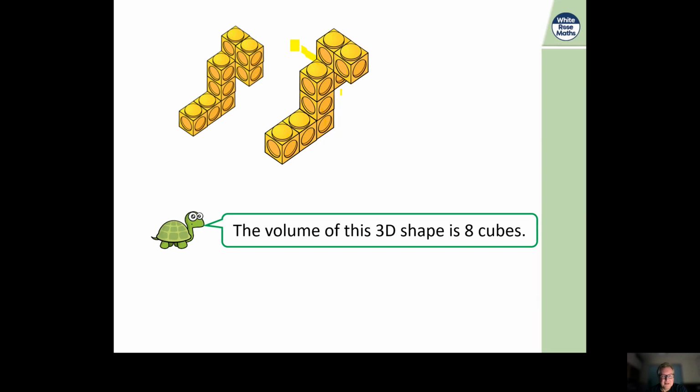What happens next? 8. Oh, we can still just about see it there, but not now. So we need to use a sense of our perception and the way we can view three-dimensional shapes in space.